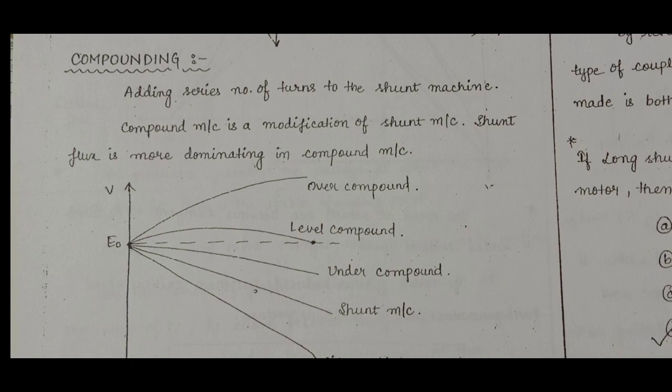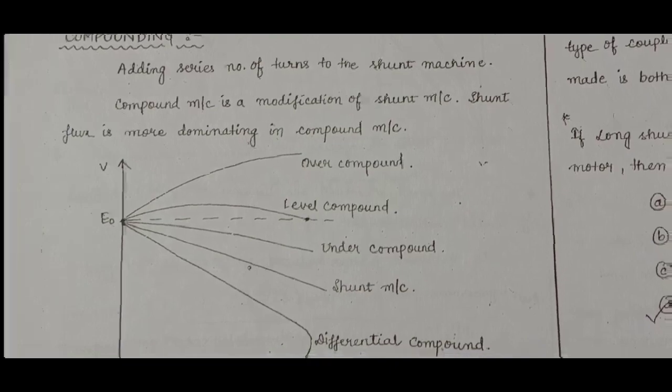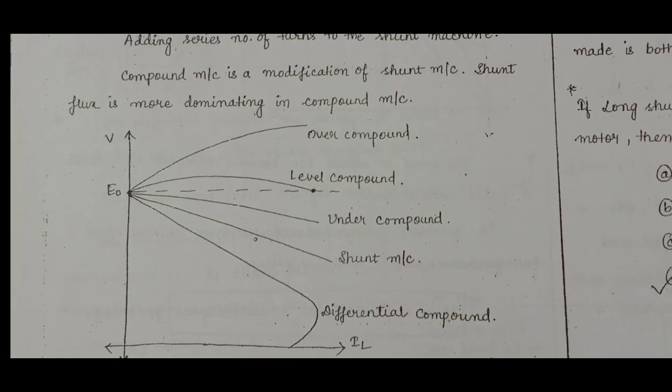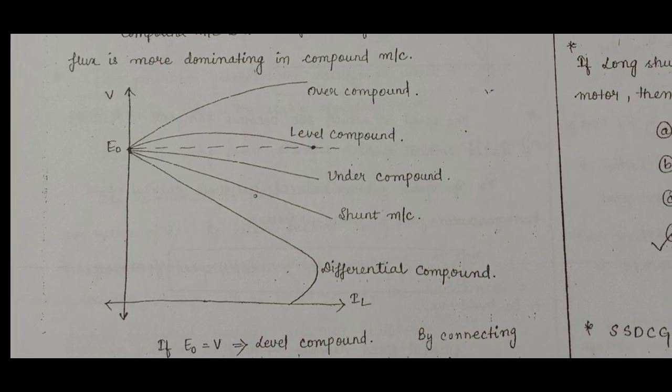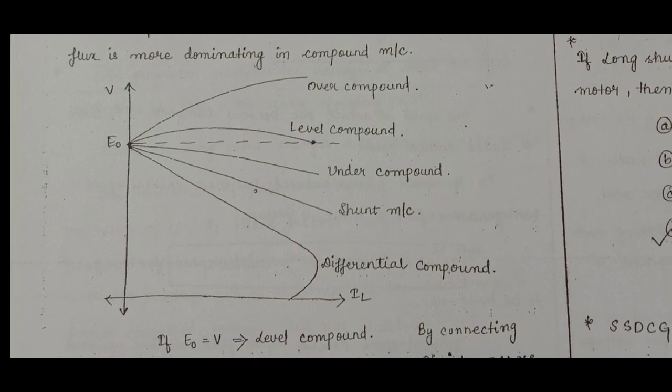So when the shunt field turns are more, they should be accommodated first on the pole core, and next the series field turns are wound over the shunt field windings. So shunt flux is more dominating in a compound machine.